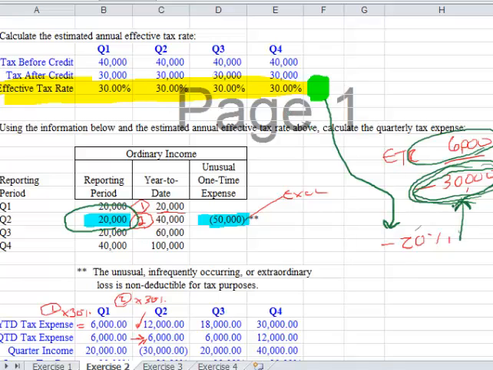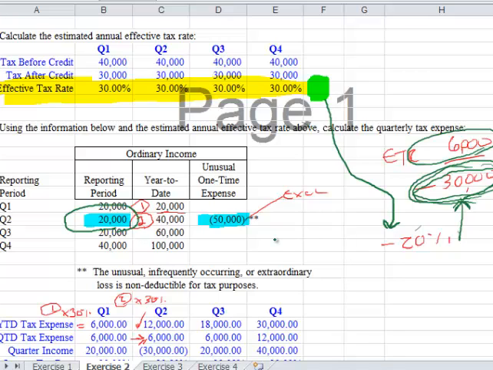And so the education that needs to happen is, well, hey, we do the provision really in two pieces. We do the provision once for the ordinary income element, the usual, the normal stuff, and then the second piece of our provision is the tax effect and the denominator effect of these one-time items.